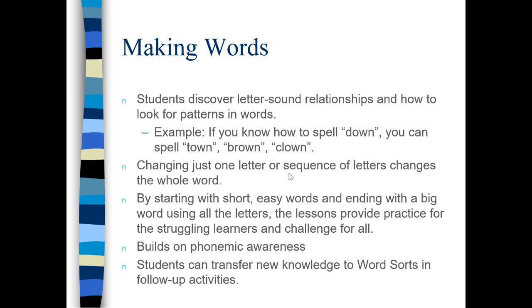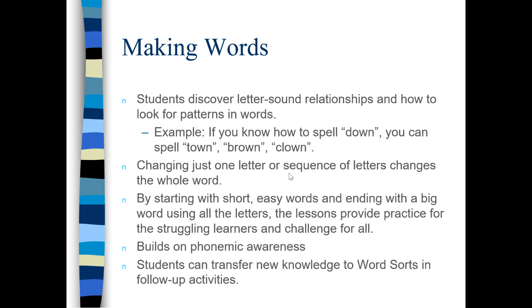So when we have students making words, we do a few things. We think about these things as we are working on building words or making words with our students. First, emergent students are going to learn about and start to recognize letter-sound relationships and how patterns start forming in words.